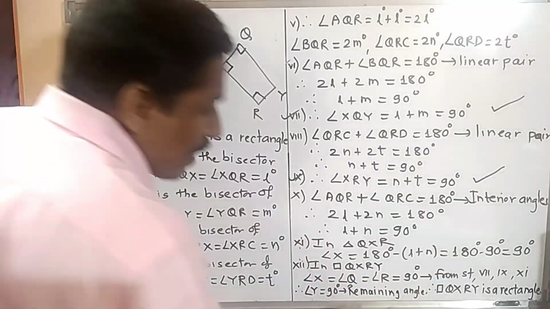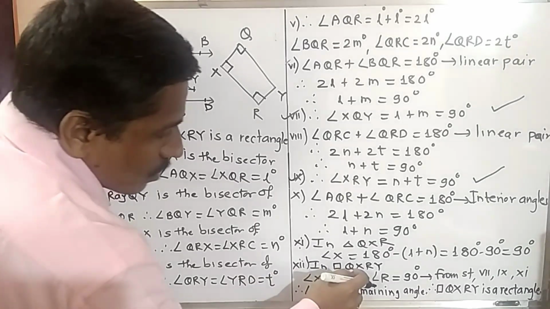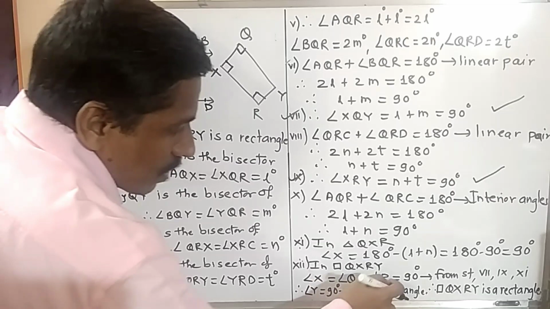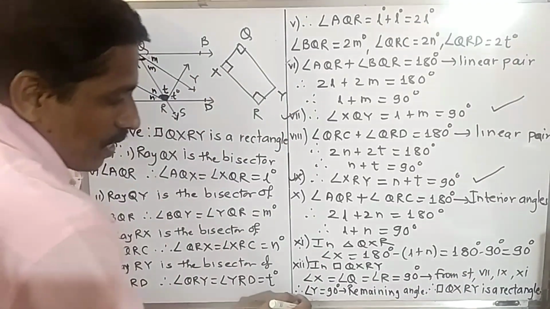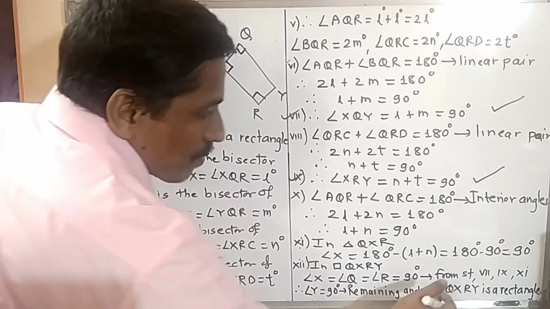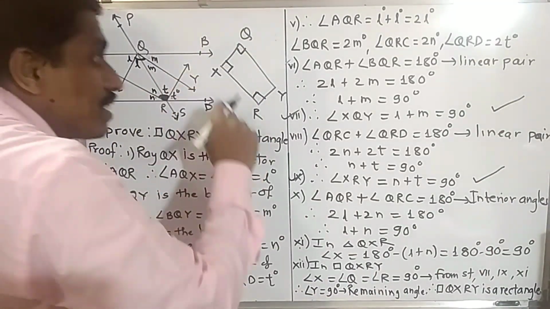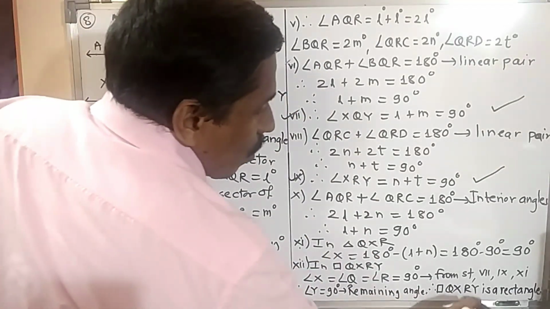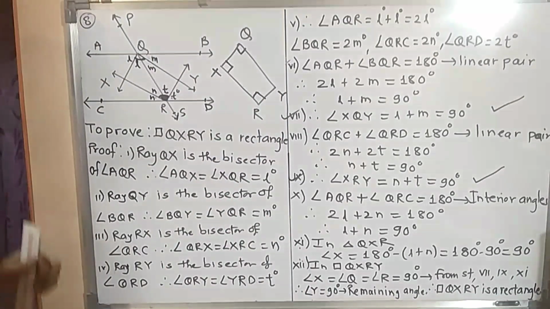So definitely the remaining angle of the quadrilateral is also 90 degrees. In quadrilateral QXRY, angle X, angle Q, angle R are all equal to 90 degrees from statements 7, 9 and 11. So angle Y, which is the remaining angle, will be 90 degrees. And since I have proved all angles of quadrilateral QXRY are right angles, quadrilateral QXRY is a rectangle.